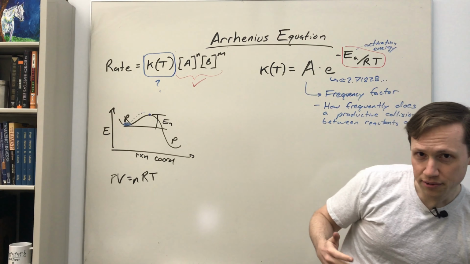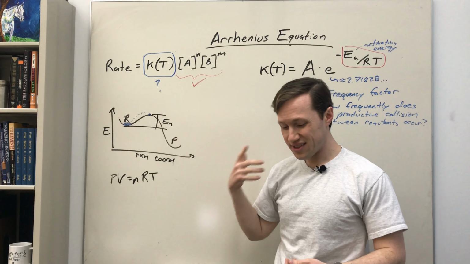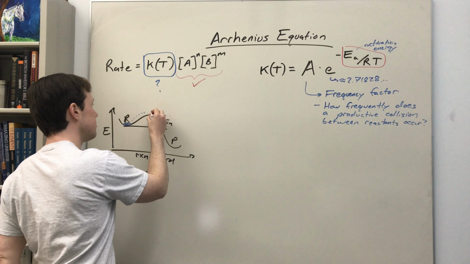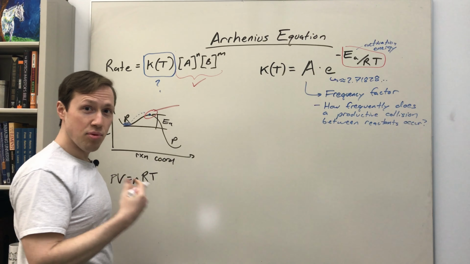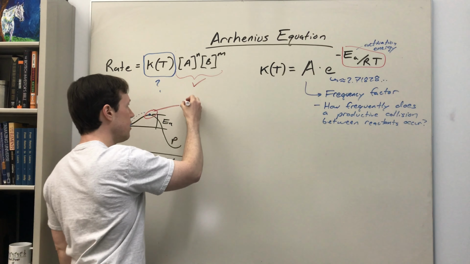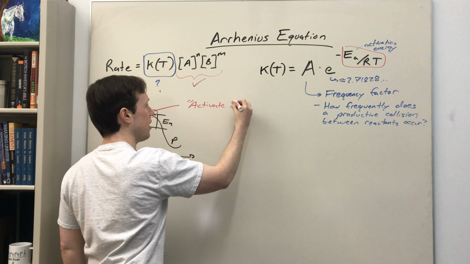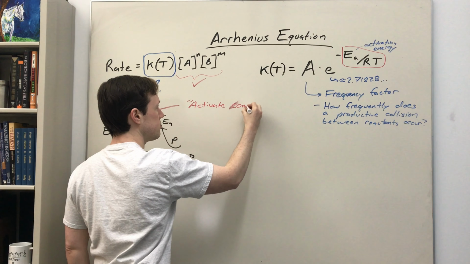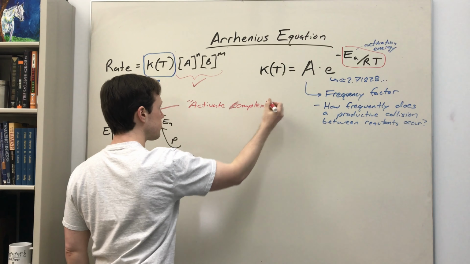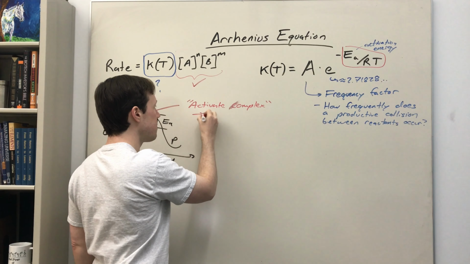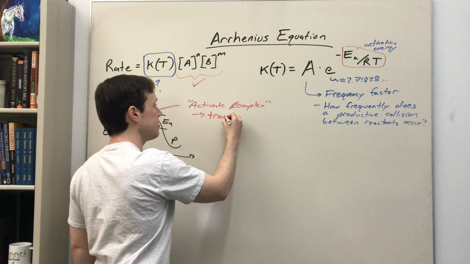We'll often refer to that highest energy point, that is the point that has that EA, as either the activated complex or my preferred way to describe it, the transition state.